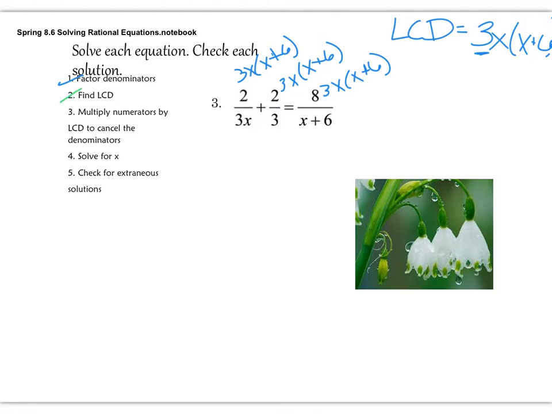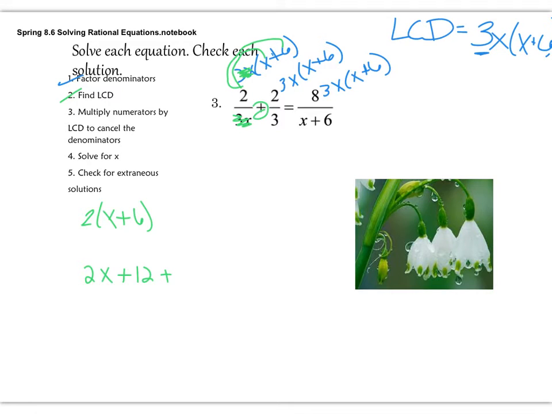Because then we are supposed to cancel our denominators. So this 3x cancels with this 3x, and then I have 2 times x plus 6, which will be 2x plus 12. Okay, and then there's a plus sign.